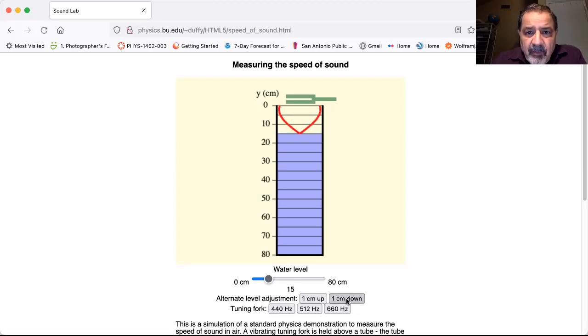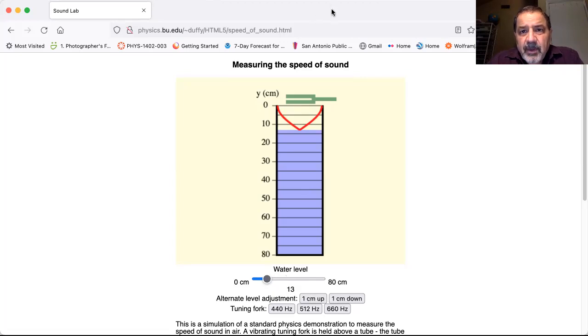In other words, if I move down a little bit, you can see how it decreases. If I move it up a little bit, you can see it decreases. So we want to get it right where it's at the max, and it looks like it's at 13 centimeters. I'm reading it right here, 13 centimeters. So that's our L1. That's the first quarter wave resonance.